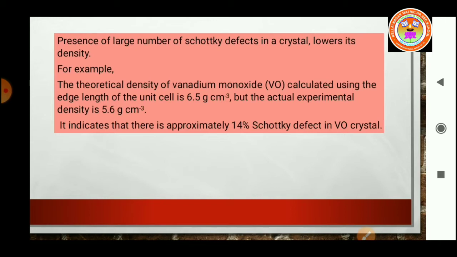But actual experimental value of density is only 5.6 g cm^-3. Some deviations in the theoretical and experimental value, isn't it? So it indicates that there is approximately 14% Schottky defect in vanadium monoxide crystal.